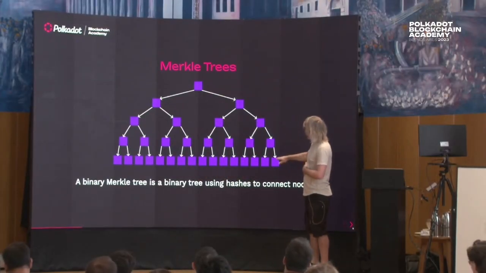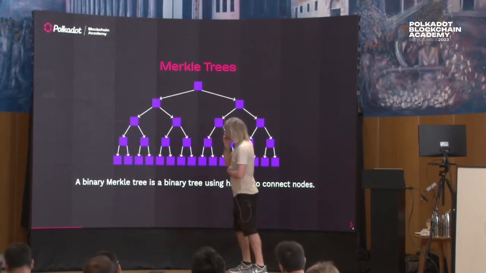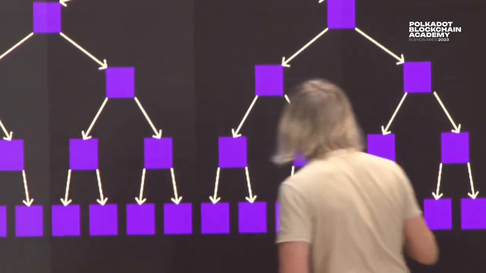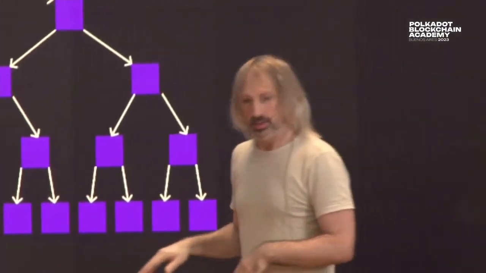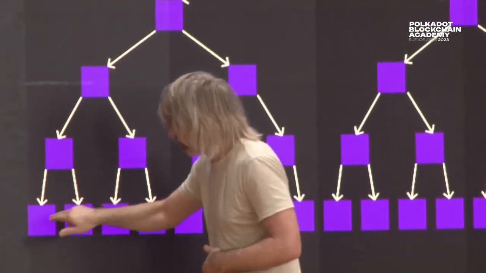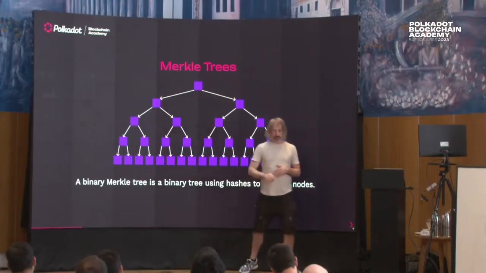Moreover, the order must be preserved. So it's not the case that this could be A, and this could be B, and this could be C, and this could be D, and this could be F, right? No. This has to be whatever this is. We'll define it as A, but this always has to be A if this is X. This always has to be B if this is X, okay?